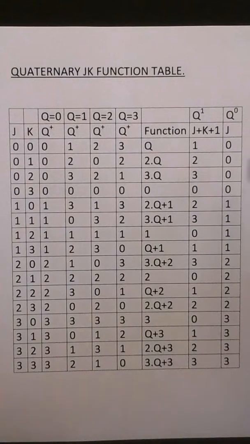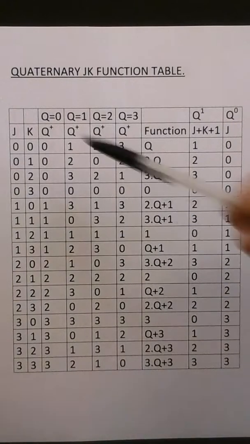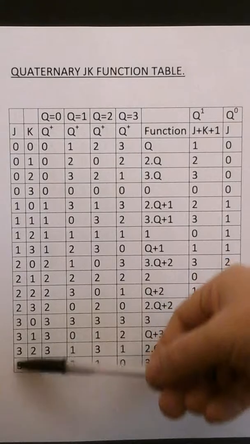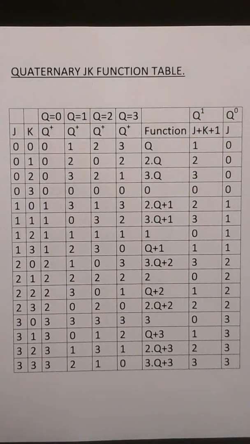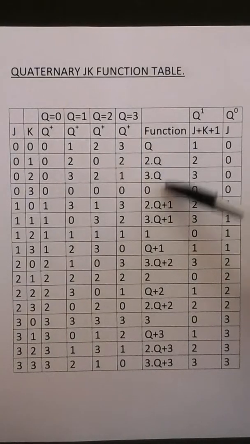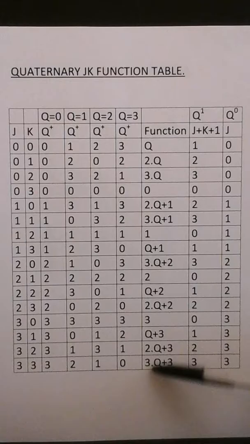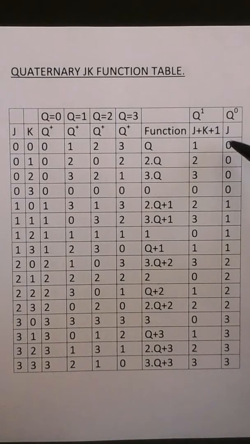The coefficient of q to the 0 is j. J and k here assume the values of 0, 1, 2 or 3 in the quaternary case. And I've written the functions here as just straight copied from q to the 1 to q to the 0.